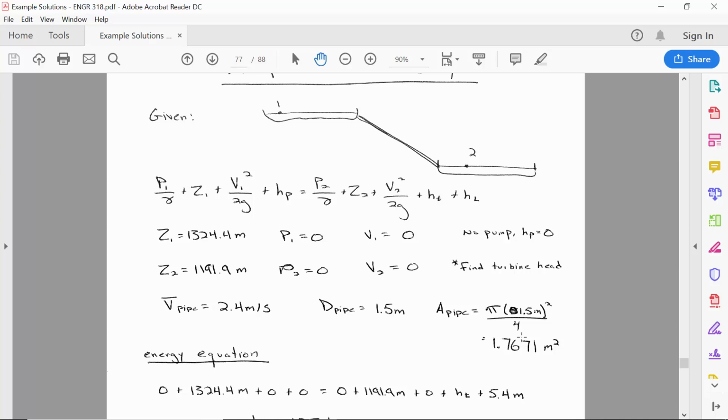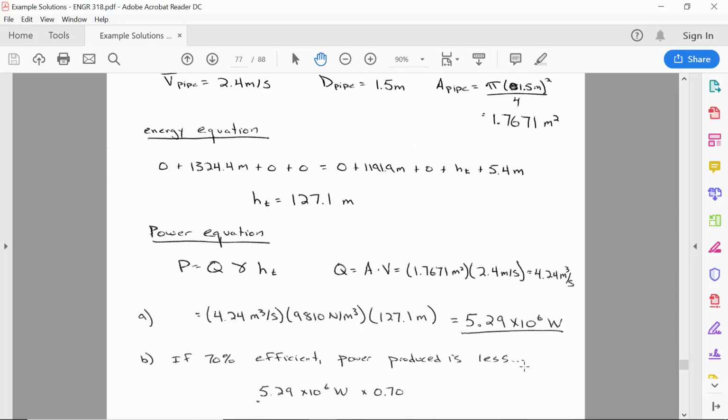So that's Q. And so what can we put now into the power equation? We can put the flow rate, 4.24 cubic meters per second, we can put the unit weight of 9810 newtons per meter cubed, and then the turbine head.